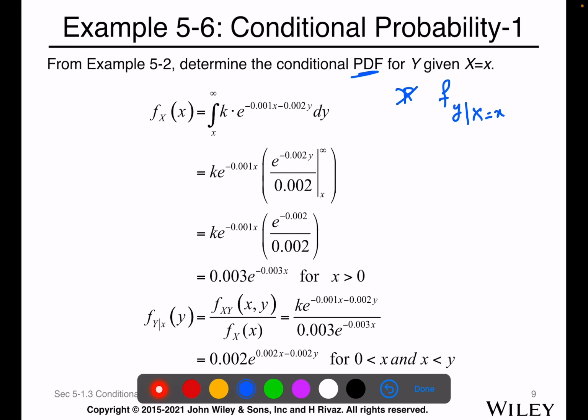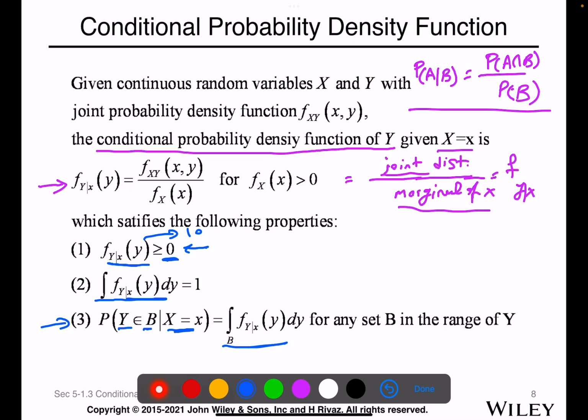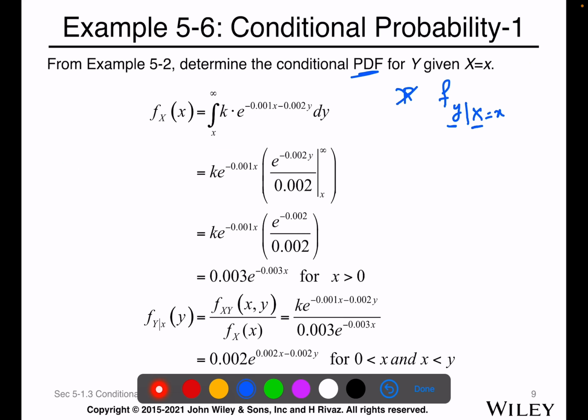Okay. So the first thing we need to do to calculate the conditional probability of y given x, according to the equation here, is to calculate the marginal probability of x, right? It's here, right?